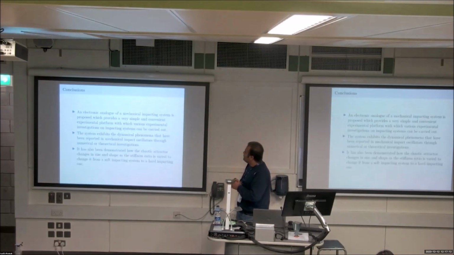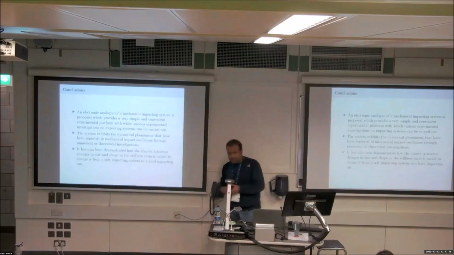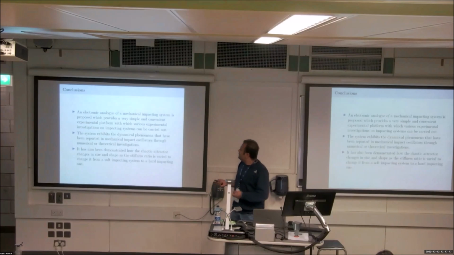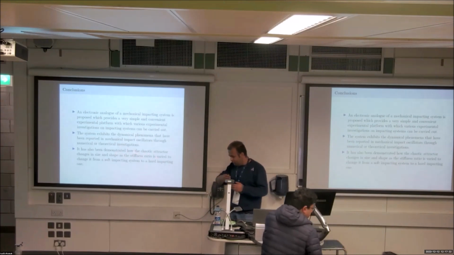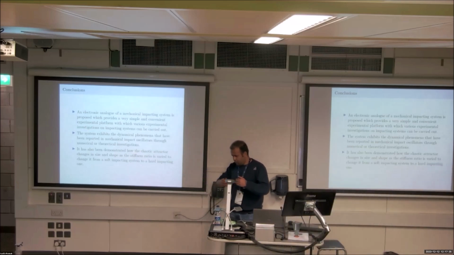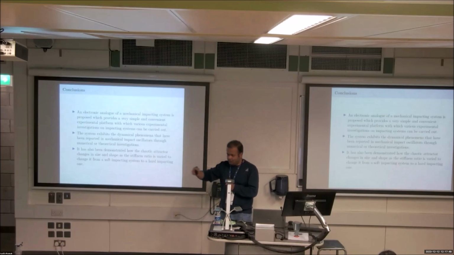The conclusion is that due to the ease of experiment in electronic circuits, we can make the mechanical impacting system in a very simple and convenient way, where we can obtain those impacting system results. And it has also been shown that if we change the capacitor value, which means the stiffness coefficient, the shape and size of the Poincare section of that chaotic attractor will increase as beta goes from low to high.